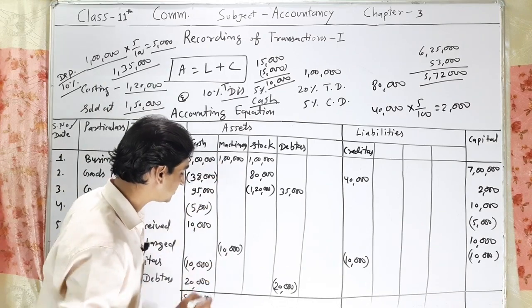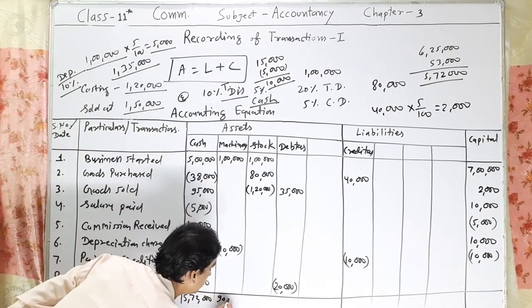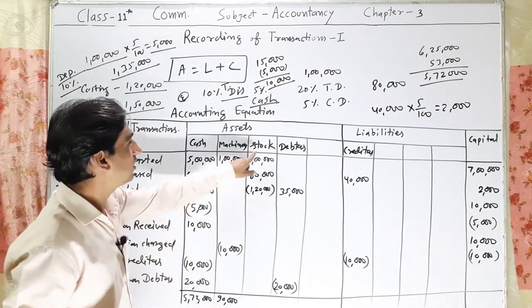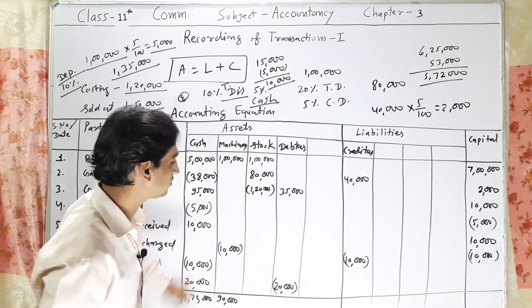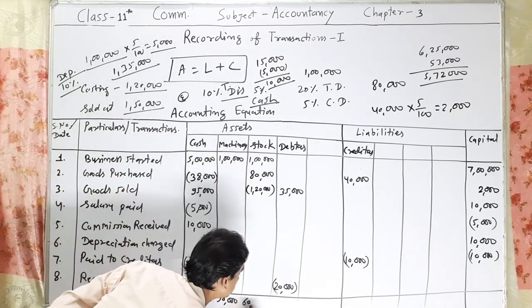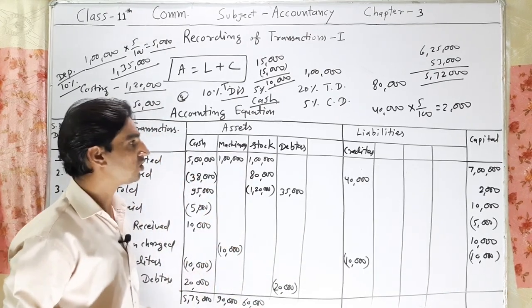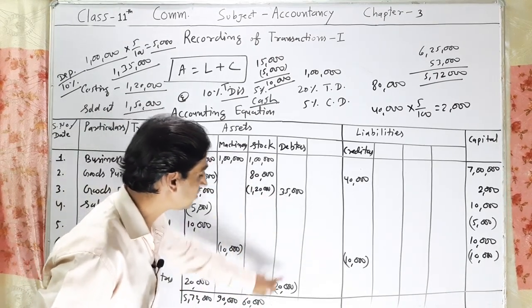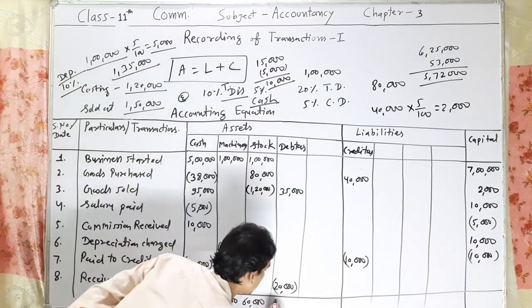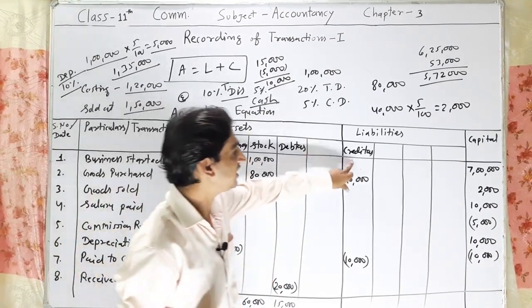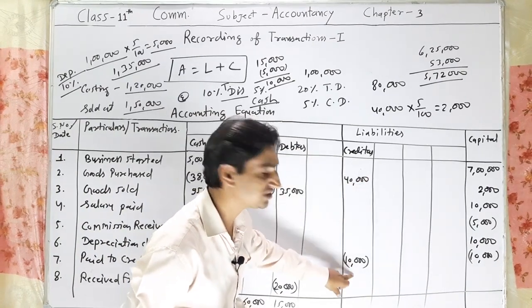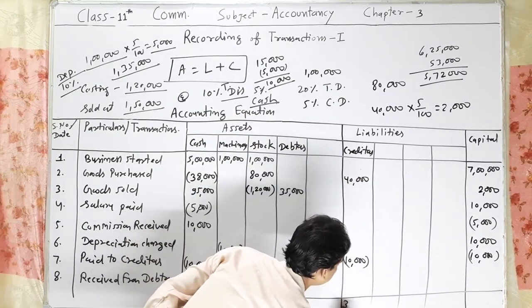Machinery: 1 lakh minus 10,000, 90,000. Stock: 1 lakh 80,000 minus 1 lakh 20,000, 60,000 is the stock balance. Debtors: 35,000 minus 20,000, 15,000 is the balance of debtors. Creditors: 40,000 minus 10,000, 30,000.